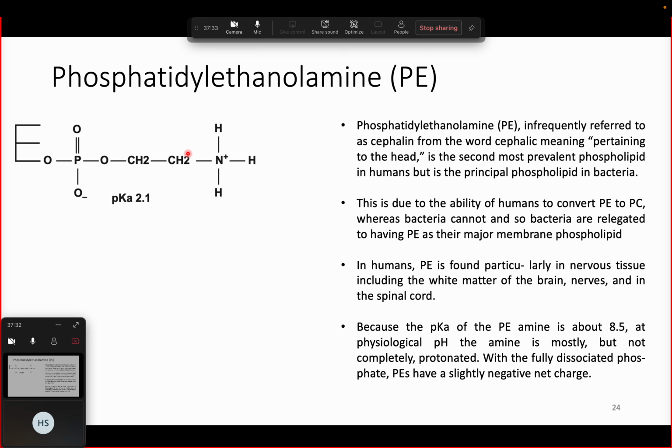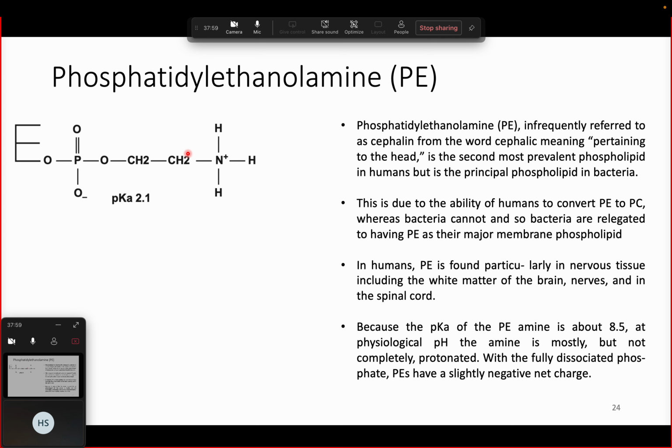As I have mentioned, there are 3 to 4 lipids which are interconvertible to each other, and this ensures that their levels are properly maintained in the cell. So in humans, we have the enzymes which can convert PC to PE or PE to PC, right? Whereas bacteria cannot do this. So bacteria are relegated to having PE as their major membrane phospholipid.